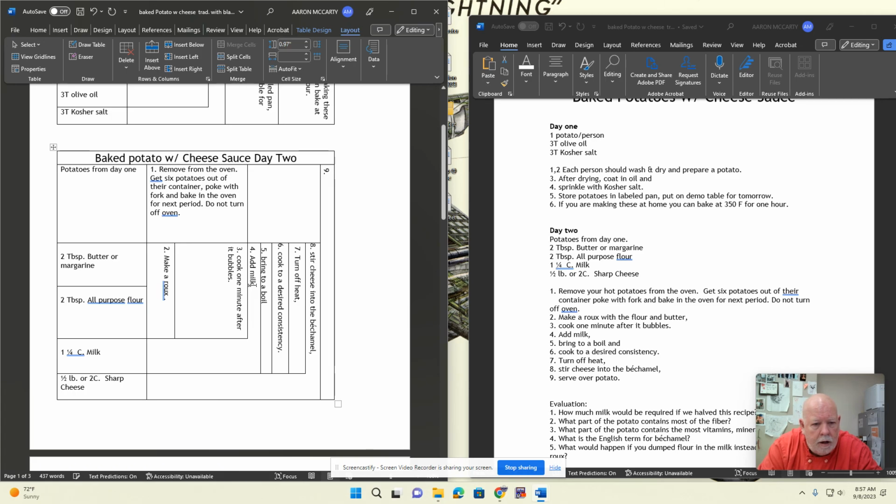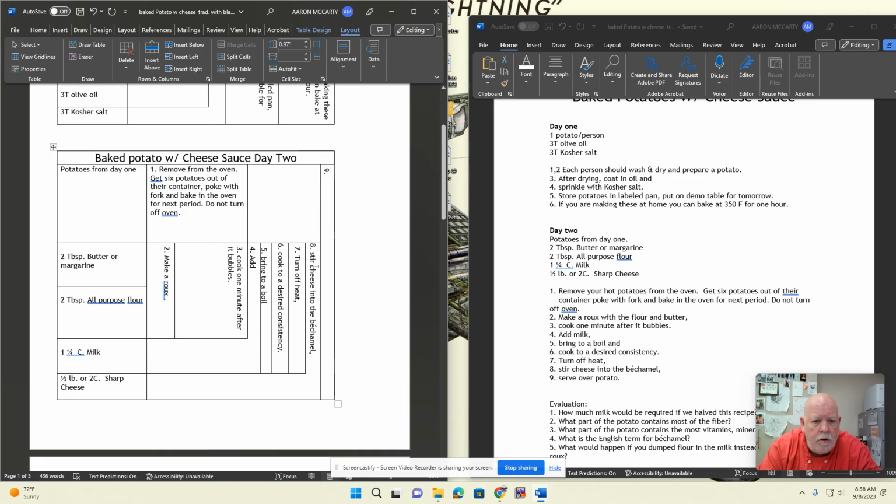Which reminds me, back here in step 4, I forgot to remove add milk. So yes, just add is all I need, because our milk is right there. As a matter of fact, if you put milk there, I'll send it back to you.